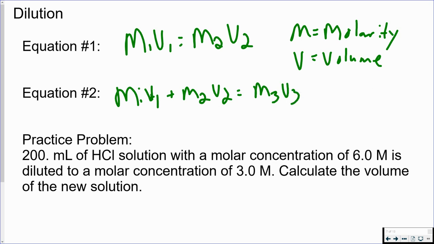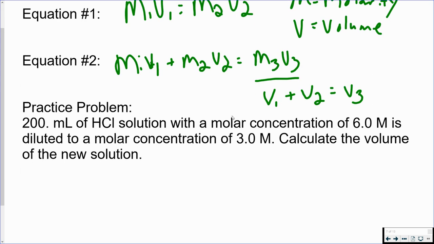So what the second equation is telling us is if I take two different solutions of the same compound and I mix them together, this is how I can calculate the resulting molarity of that. You might go, well, if I'm solving for this, I really have two on this side that I need to solve for. Not really, because you know V1 and you know V2, and when you add up volumes, that would give you V3.